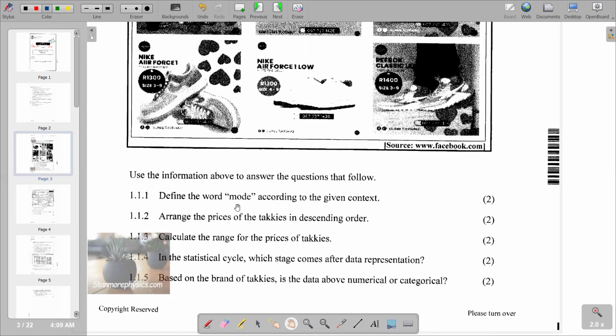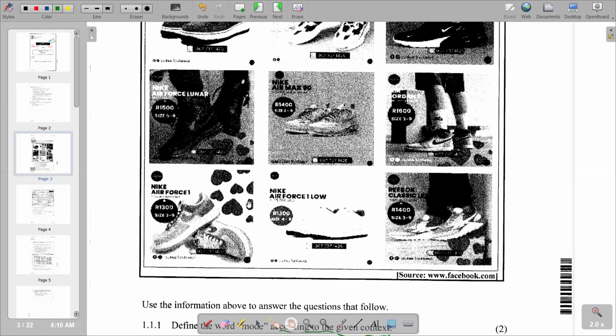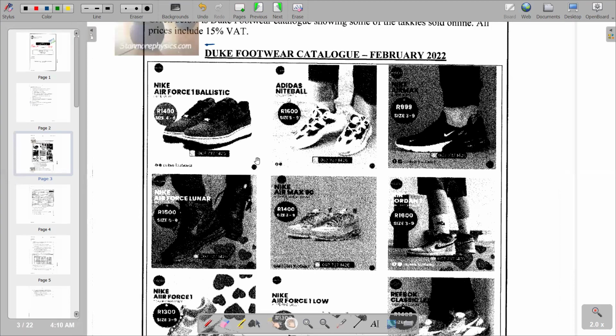For 1.1.1, define the word mode according to the given context, that is the turkeys. So obviously, our question needs us to define according to the given context. We need to explain the mode within the context that we have.